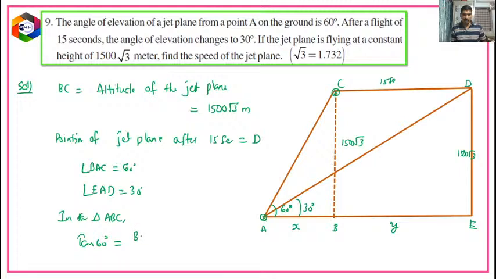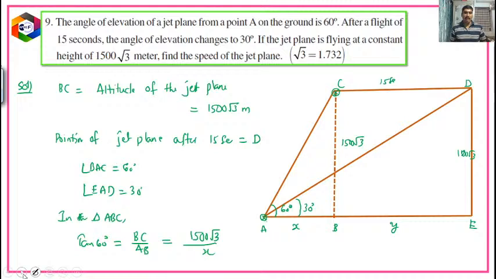Opposite is BC, adjacent is AB. So BC value is 1500 root 3 by X. Once again, I have considered the triangle ABC, with respect to 60, opposite side BC by adjacent side AB, which is 1500 root 3 by X.